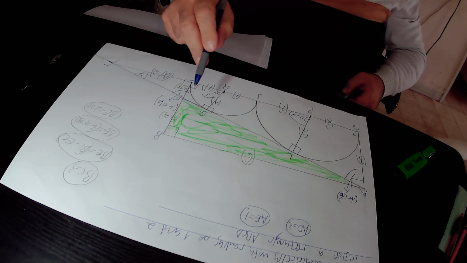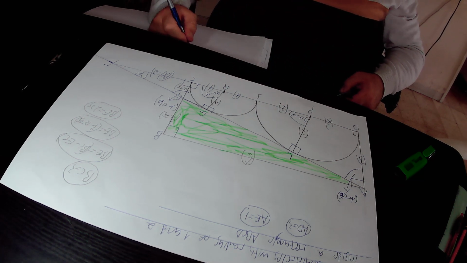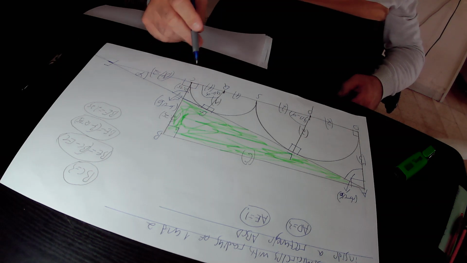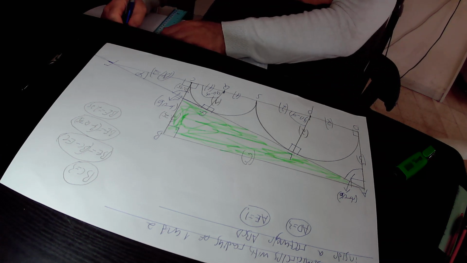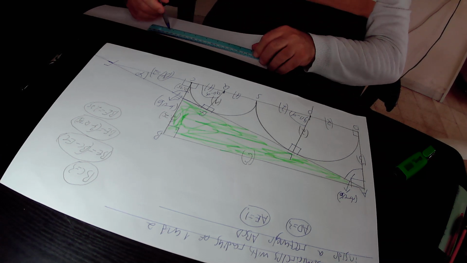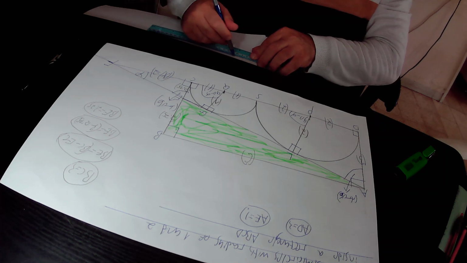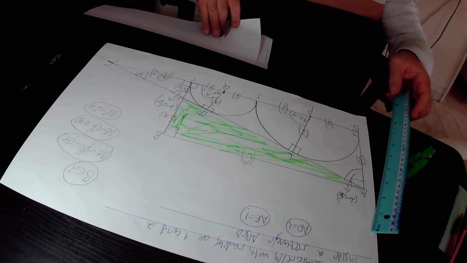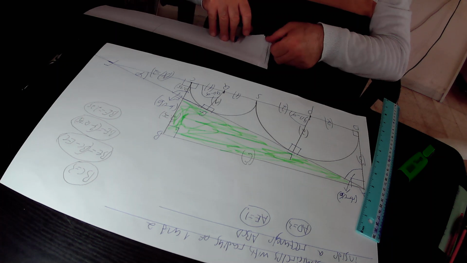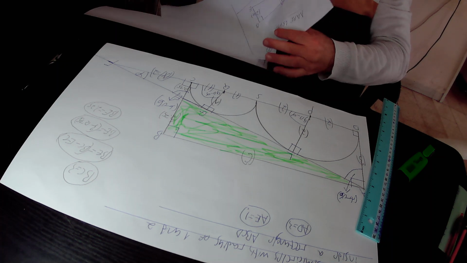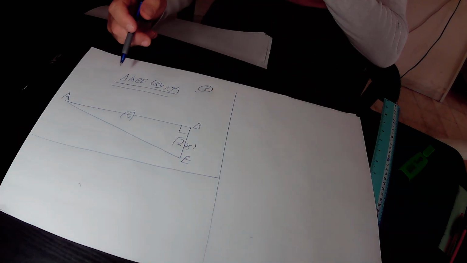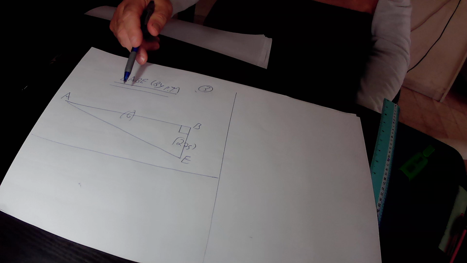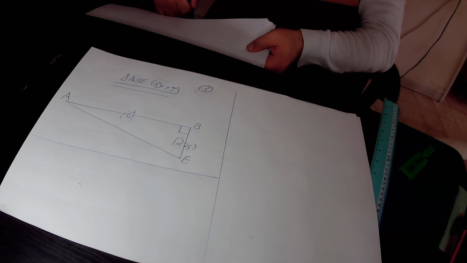Again, side AB equals 6 units in its length. Side BE equals 2.25 units. So actually, this is the right green triangle ABE that I copied from the original drawing.